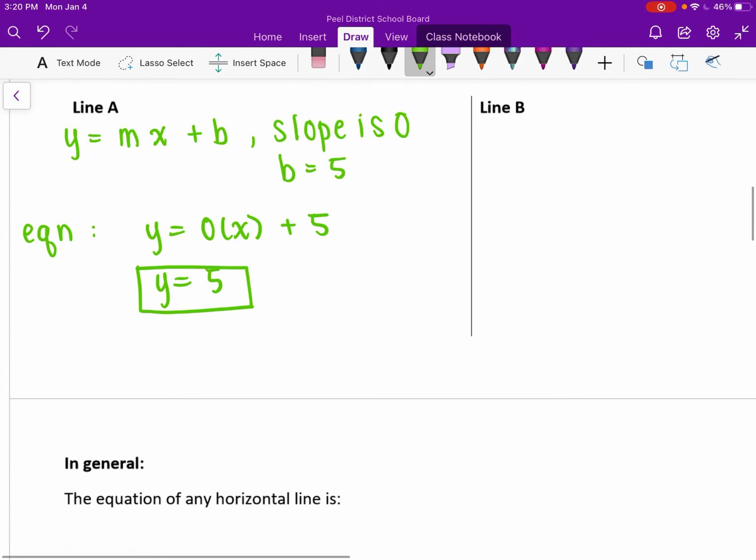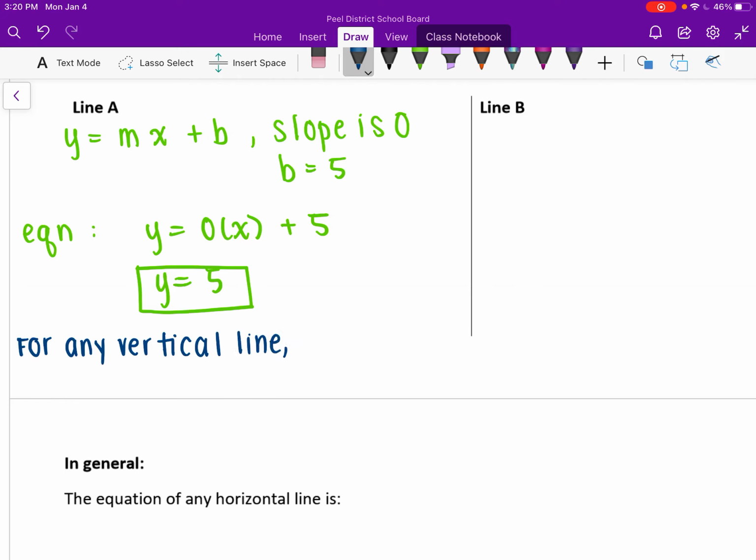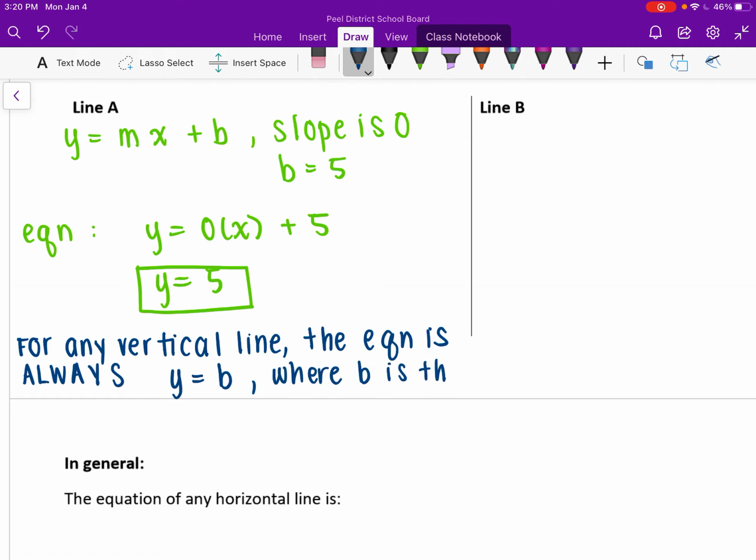For any horizontal line, the equation is always y equals b, where b is the y-intercept, okay?